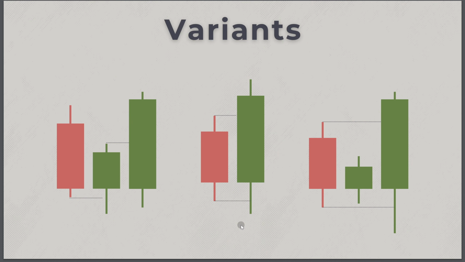Now the variants of the 3-candle pattern. The first one is the one that we discussed a lot of the times: accumulation, manipulation, distribution. This is the one where we sweep and then close above, right? The other one is AMD, but in 2 candles: 1 accumulation candle and 1 manipulation and distribution candle.